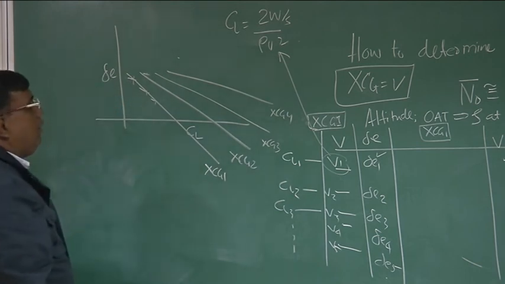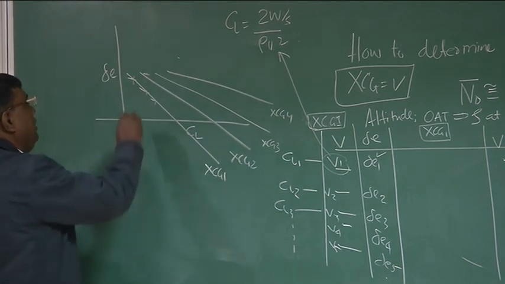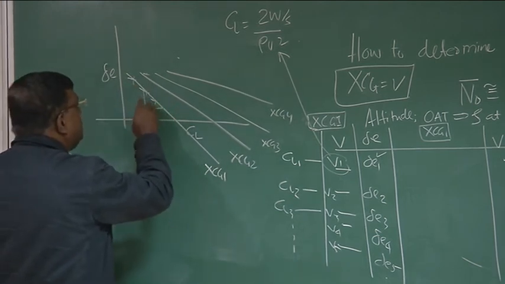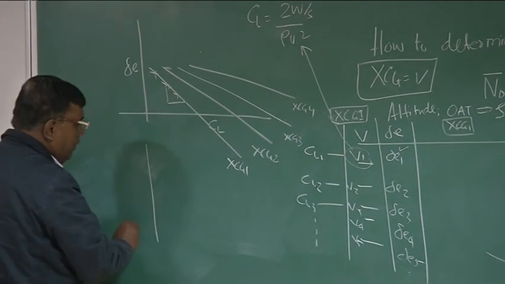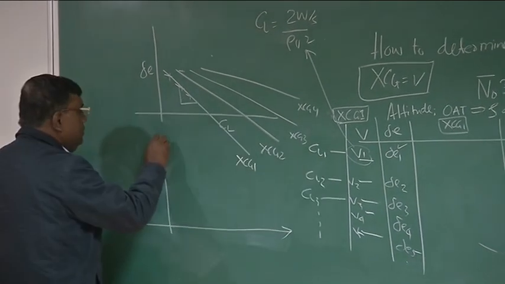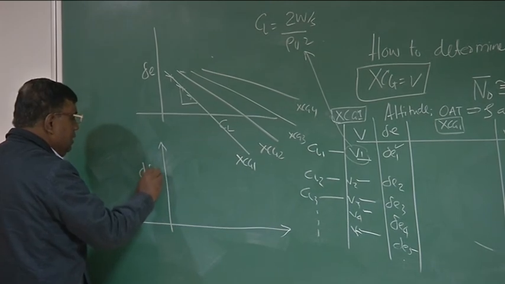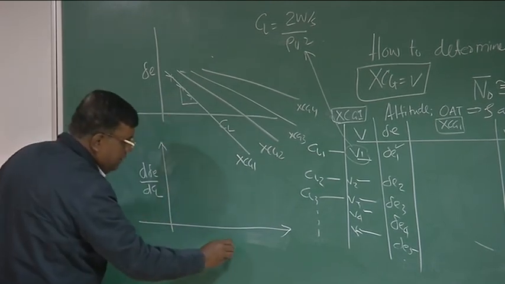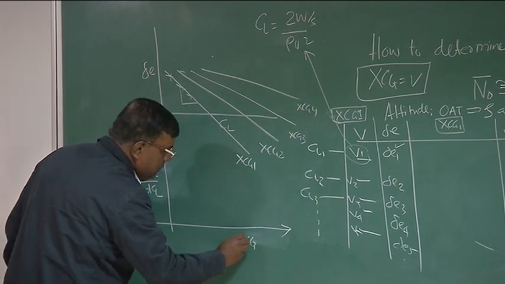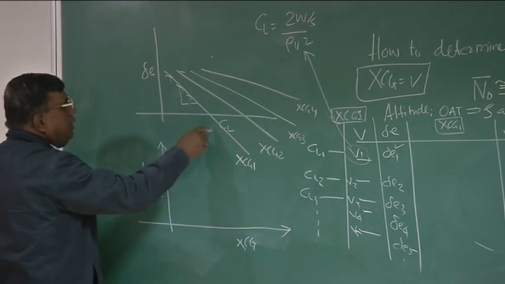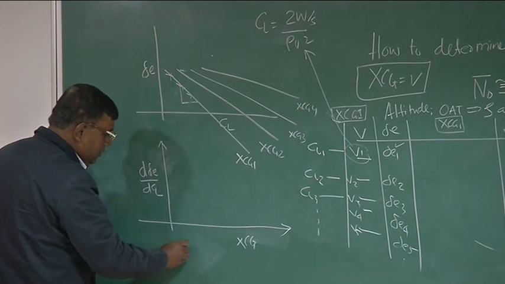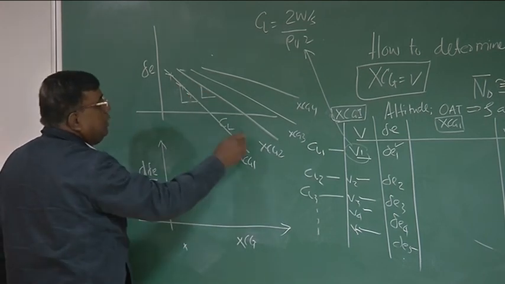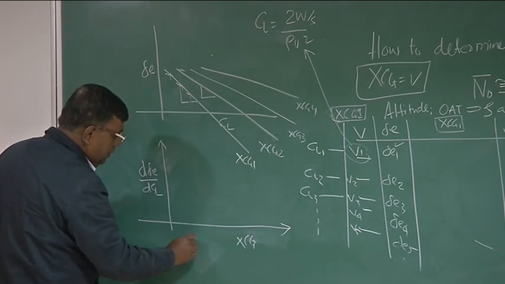Now, what I should do, I will take the slope of this line and I cross plot d delta E by dCl as the slope versus xCg. Clear? So I take the slope, I take the xCg location, so this is a point. I take this slope and this CG location, so this is a point.